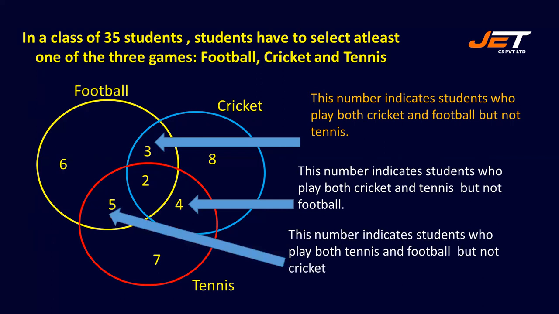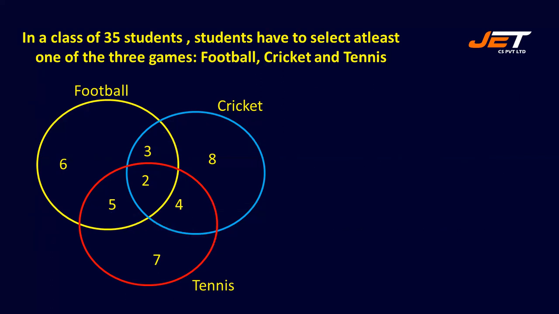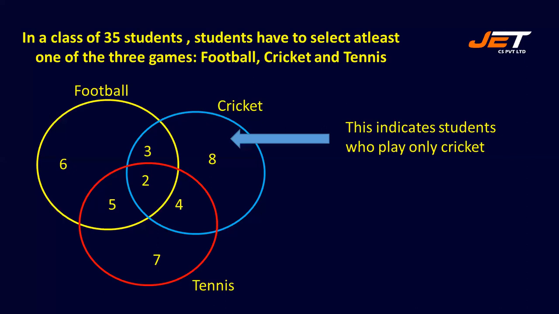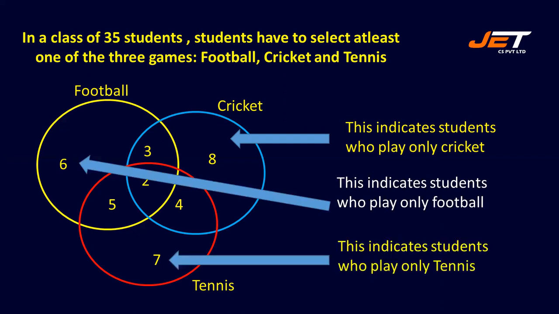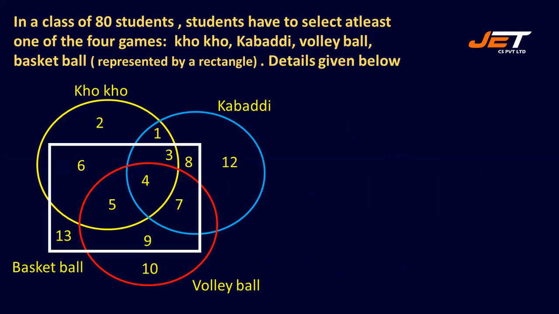And the 5 arrow number indicates students who play both tennis and football, but not cricket. All right. And this 8 indicates the students who play only cricket. And 6 indicates students who play only football. And 7 indicates students who play only tennis. Yes. And let us move on to the next question.